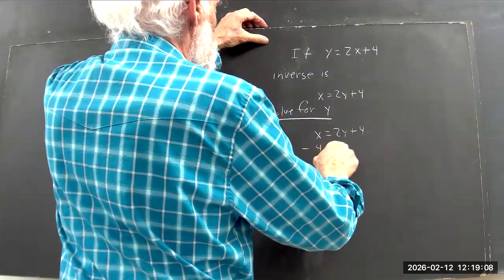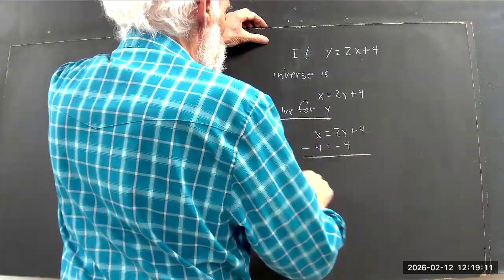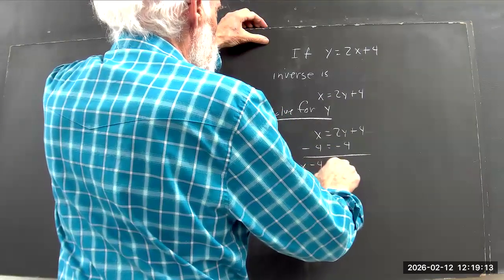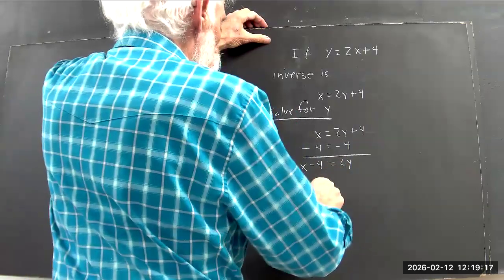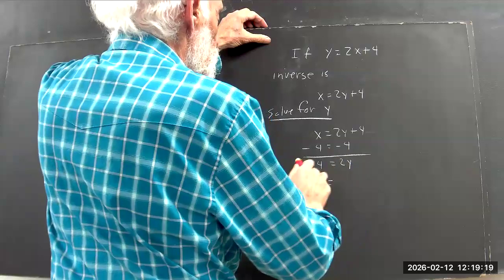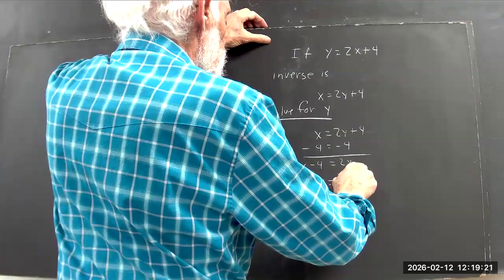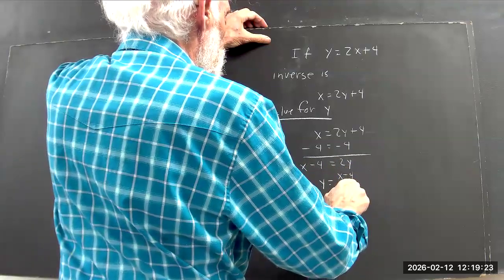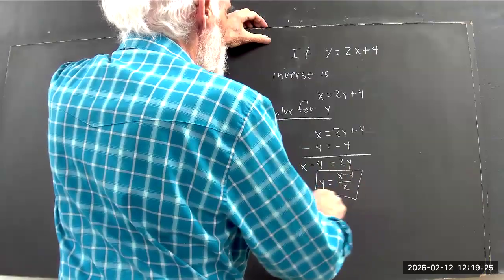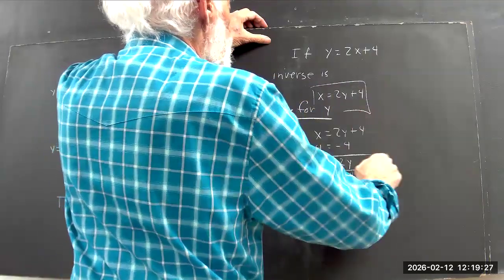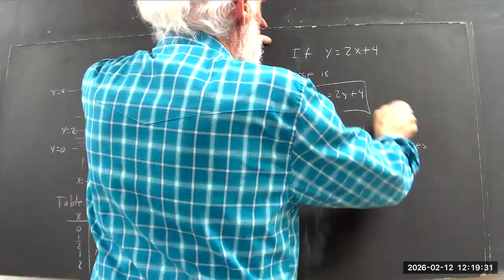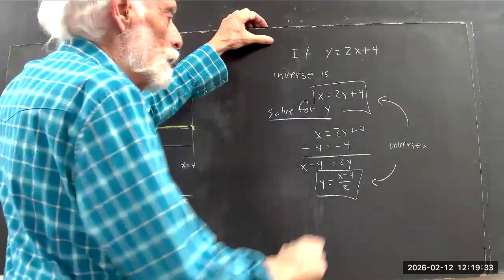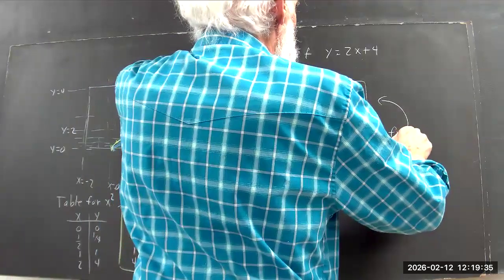We add -4 to both sides. We get x minus 4 equals 2y. Then we solve for y, divide both sides by 2. We get y equals x minus 4 over 2. These are what we call function inverses.